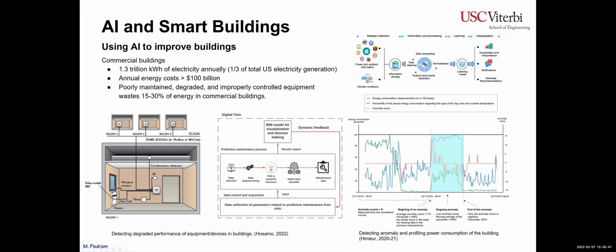And mind you, this is a big source of electricity consumption in the US, for example. A third of the total energy consumption in the US is due to buildings, right? Building energy.